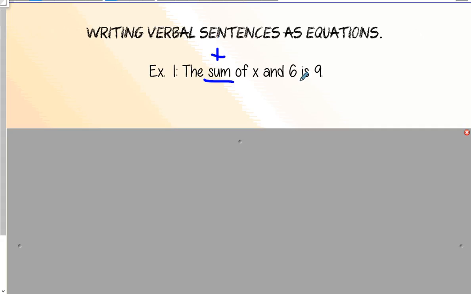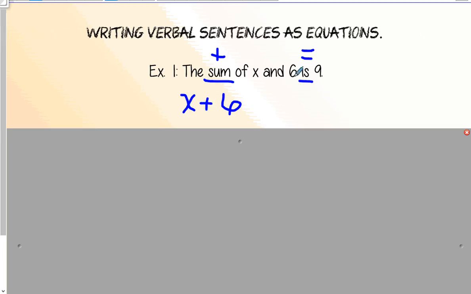Anytime you see "is" in a verbal sentence or in a word problem, "is" always means equal. So when we say the sum of x and 6, we have x and we have 6, and the sum is when they are added.